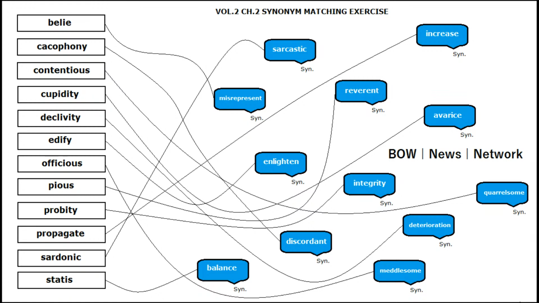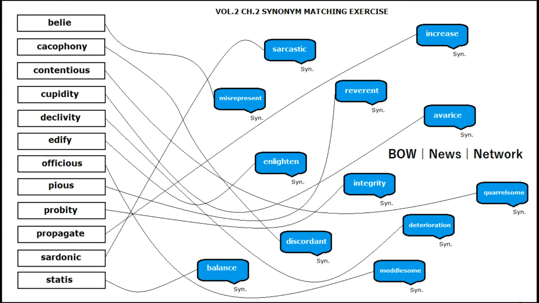So let's take a look: belie corresponds to misrepresent as a synonym, and contentious. We see that word matches to quarrelsome, and then we have declivity, which matches to deterioration, and then we have officious, which matches to meddlesome.